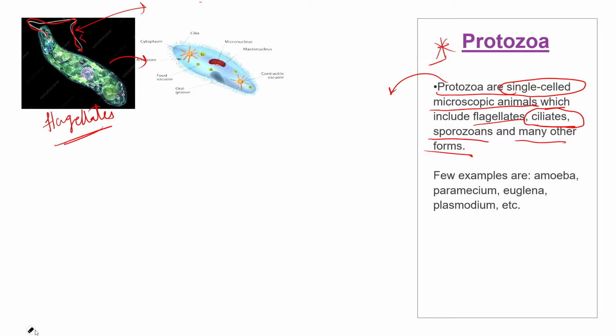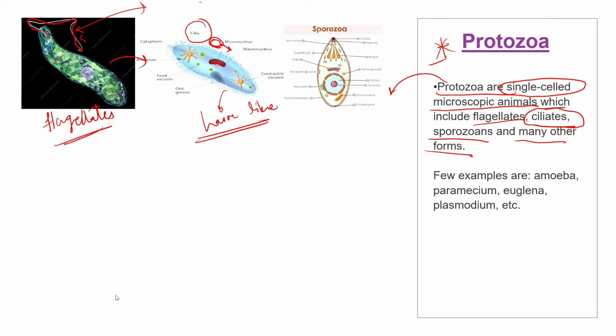This protozoa is called a ciliate because there is a presence of cilia in it. Cilia are hair-like appendages or hair-like structures, but it is not actually hair. It helps to move the substances present on the surface.